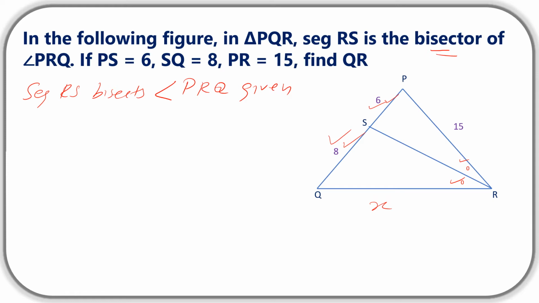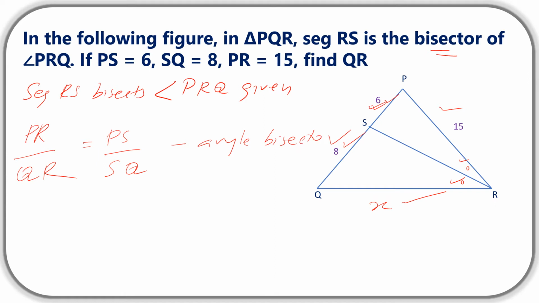So how can I write it? I can simply write, according to the angle bisector property, PR upon QR is equal to PS upon SQ. That is a theorem, the angle bisector theorem.